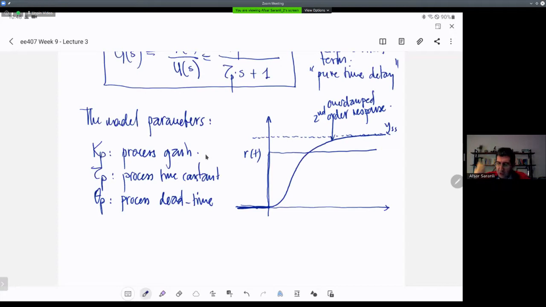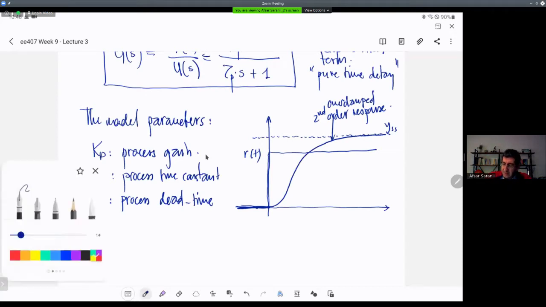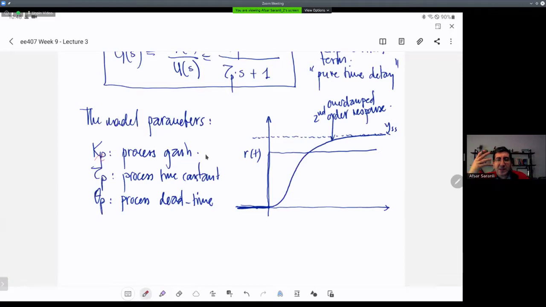Okay, so the idea is to fit to this higher order system a simplified first order plus dead time model. Okay, so what would a first order model look like? Remember, a first order model would have a response that is immediately starting to rise. So a manual fit to this would be something like this, right?